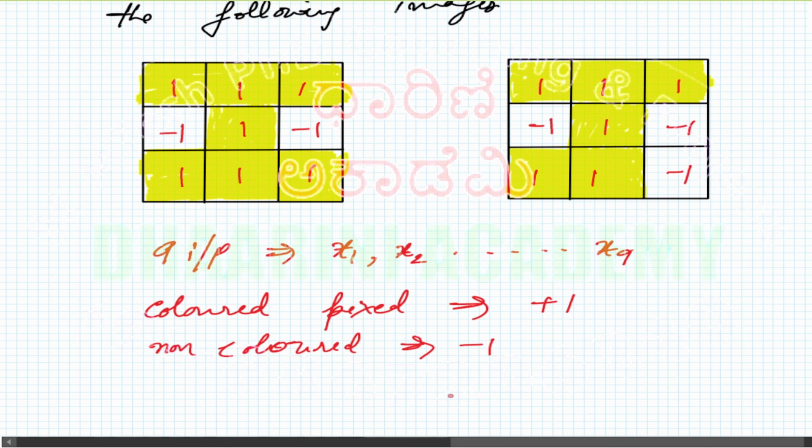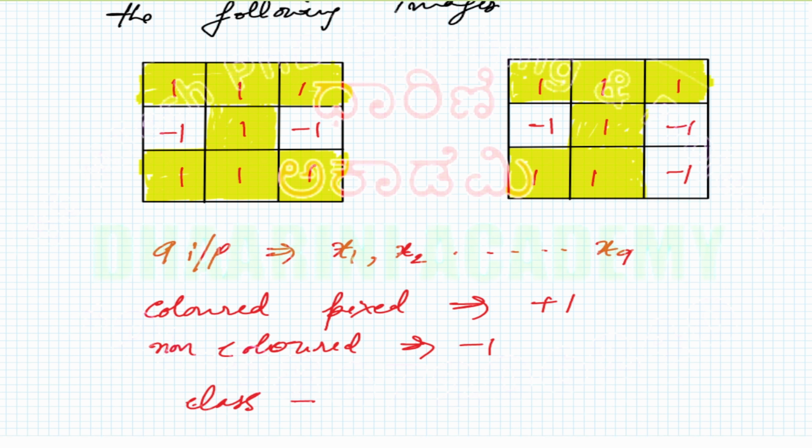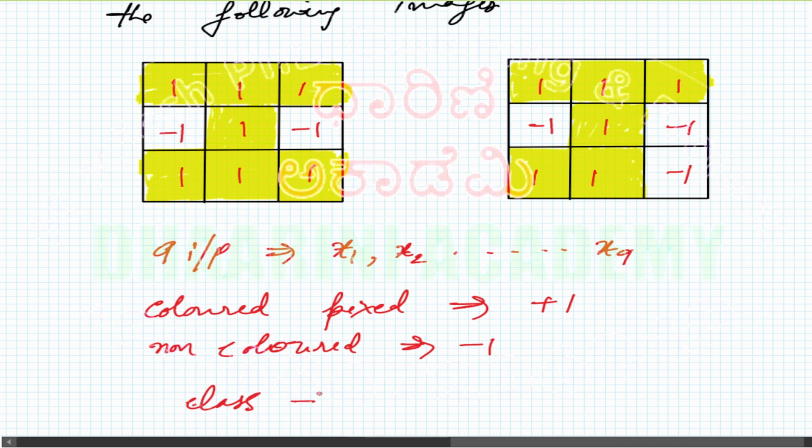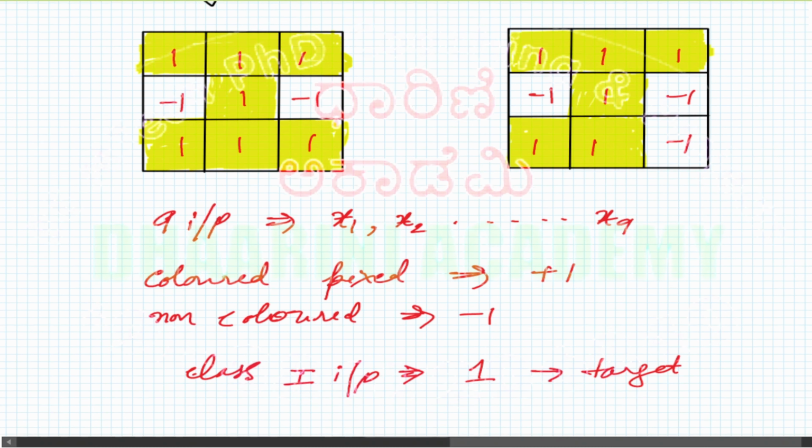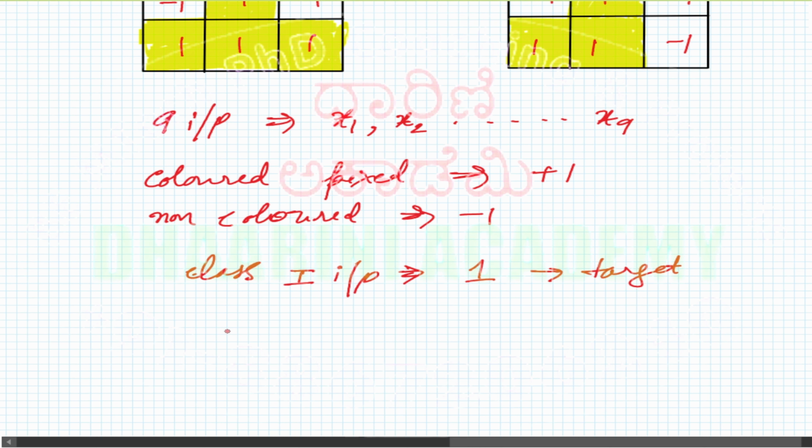Now, what is the output for class 1? When you give I as input, what do you expect? Your machine will say either +1 or -1. So when I give I as input, I am expecting +1 as the output. This is the target: target Y is equal to 1 for the first case, and when J is given as input, -1 is the target.